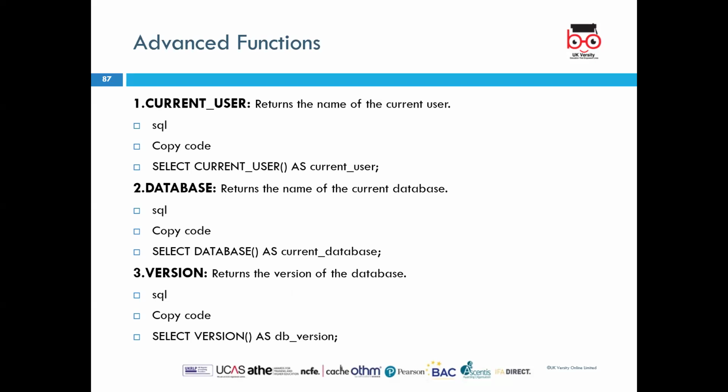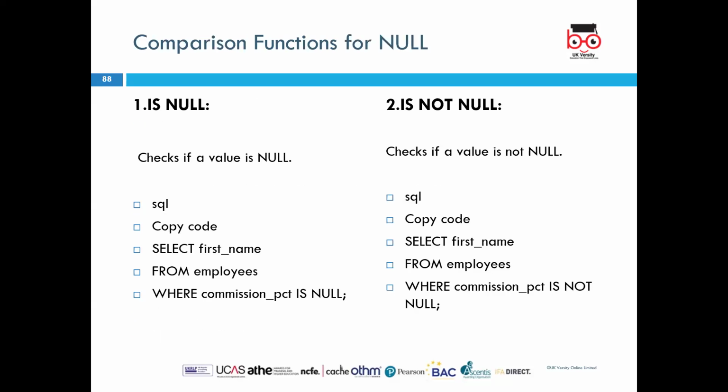Advanced functions include current user, database, and version. Then we have comparison functions for null, where is null checks if a value is null, and is not null checks if the value is not null.